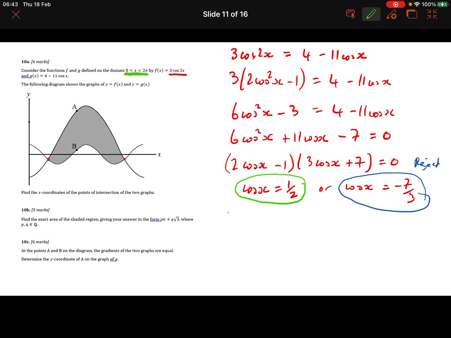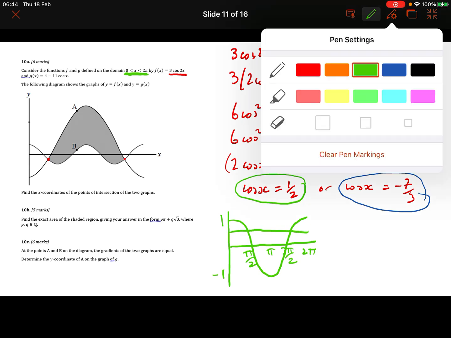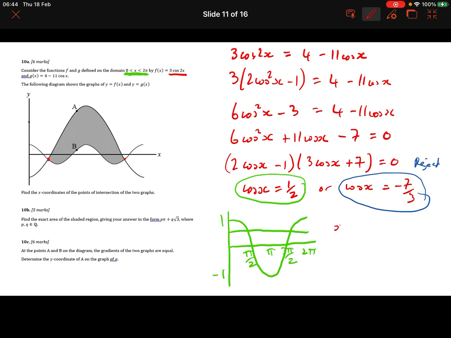Okay, so let's draw my cosine graph, which looks something like this. Okay, that's pi over 2, pi, 3 pi over 2 and 2 pi, 1, minus 1. So we want 1/2. We should automatically know that one of them is 60 degrees, which is pi over 3 radians.